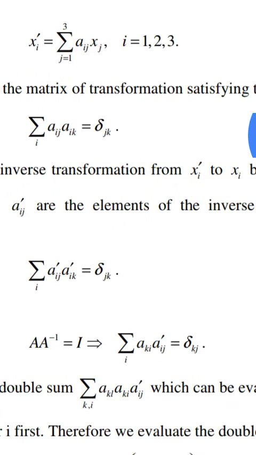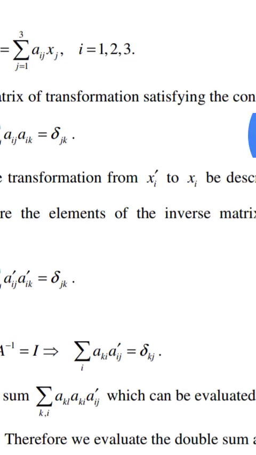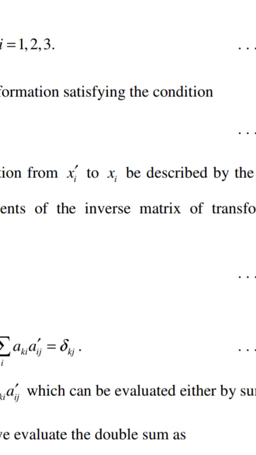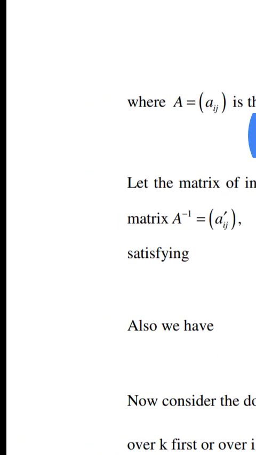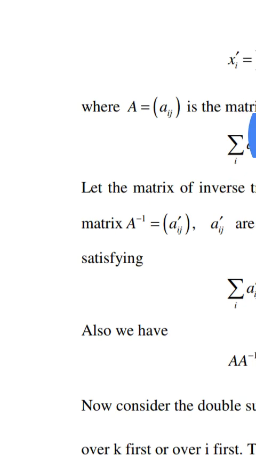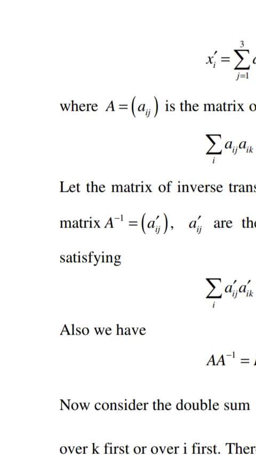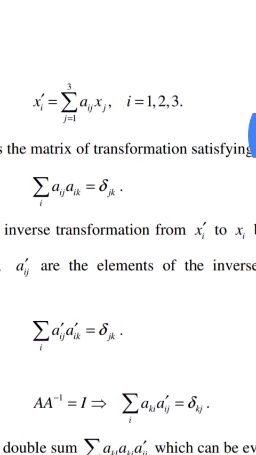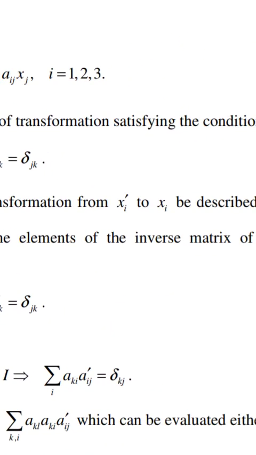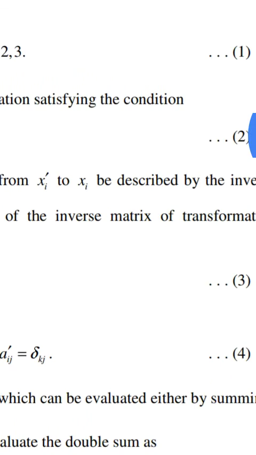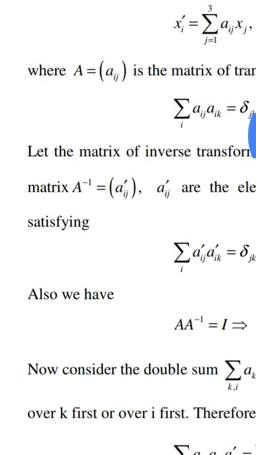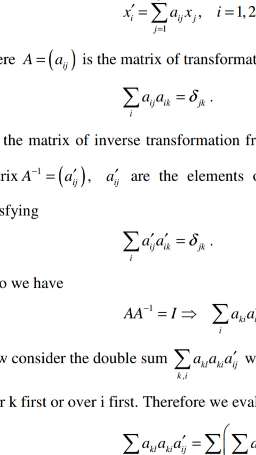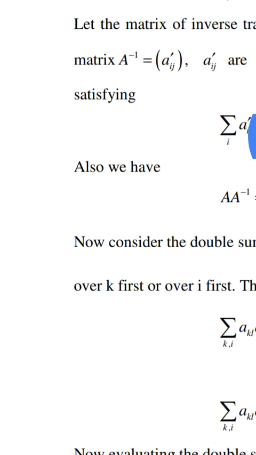Let the matrix of the inverse transformation from xi dash to xi be described by the inverse matrix A inverse is equal to Aij dash, where Aij dash are the elements of the inverse matrix of the transformation satisfying the summation of Aij dash, Aik dash is equal to delta jk.